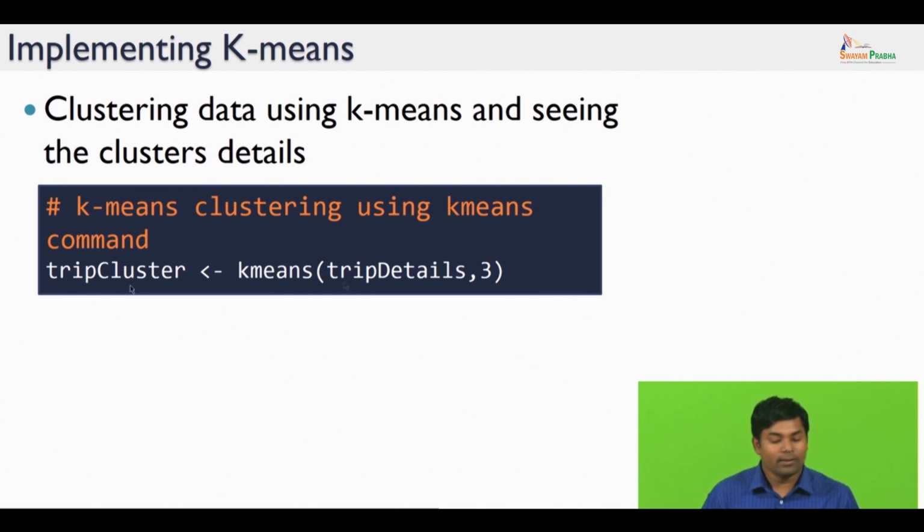This command takes the data frame trip details, and this argument specifies that I want to divide the data into 3 clusters. When I execute this command, it divides the data into 3 clusters and assigns the result to trip cluster, an R object which is essentially a list. Let us see what information trip cluster has.